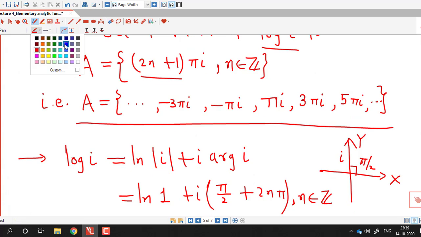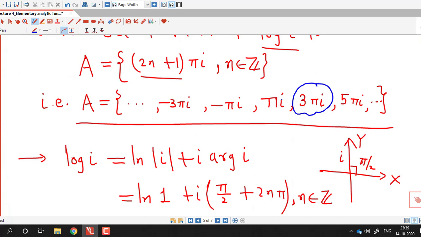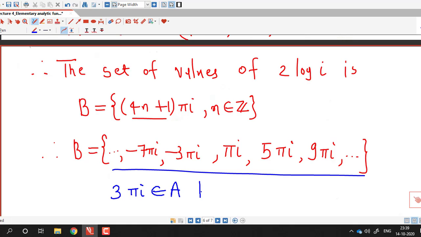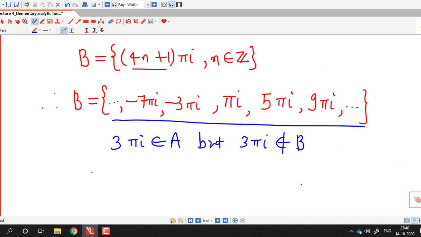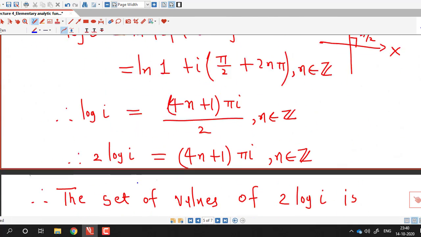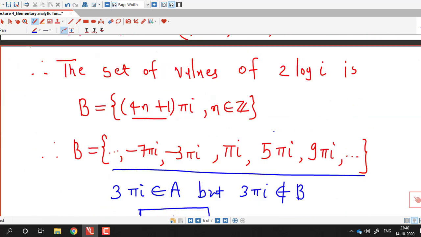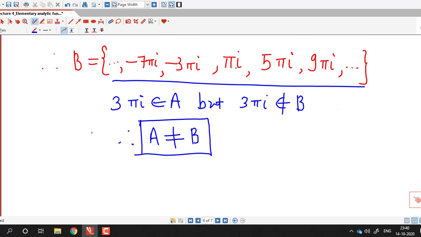Here you can see that 3 pi I is present in capital A, but it is not present in capital B. So this shows that these two sets are not the same, so I cannot write A equal to B. The set of values of log I square is not the same as the set of values of 2 log I. To show that two sets are different, it is enough to show that one element is present in one set and absent in the other set.